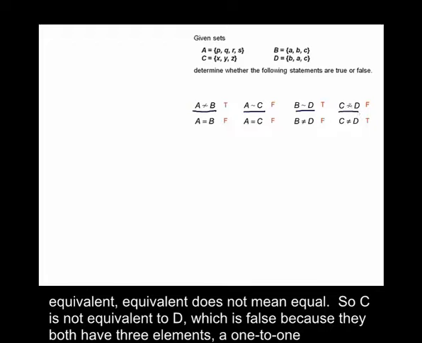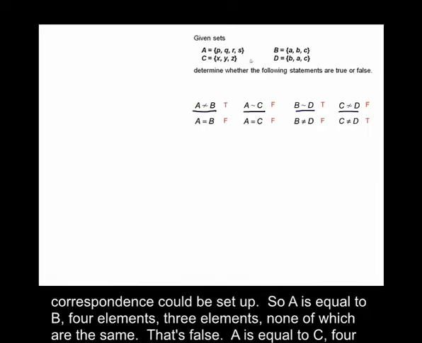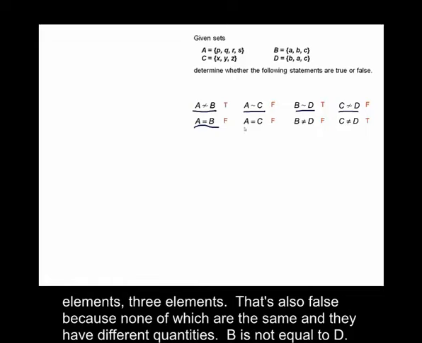So C is not equivalent to D, which is false because they both have three elements, so a one-to-one correspondence could be set up. A is equal to B, four elements, three elements, none of which are the same. That's false. A is equal to C, four elements, three elements. That's also false because none of which are the same and they have different quantities.